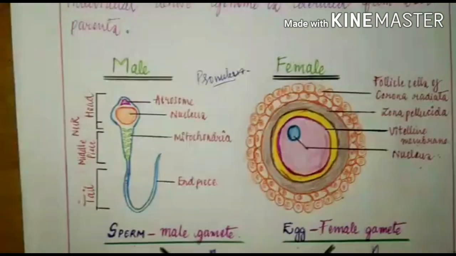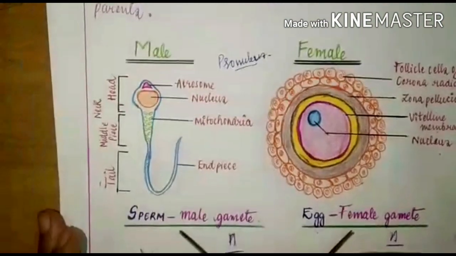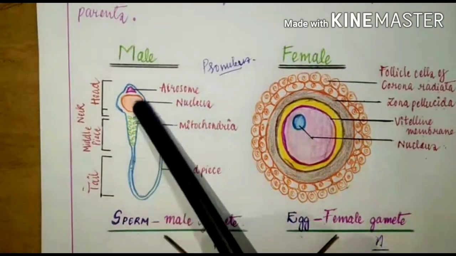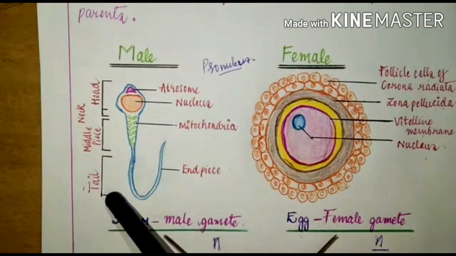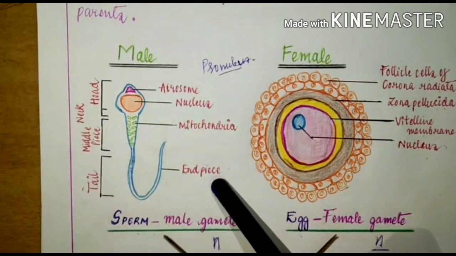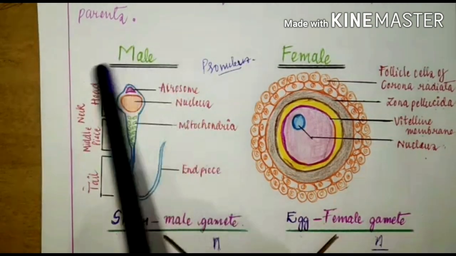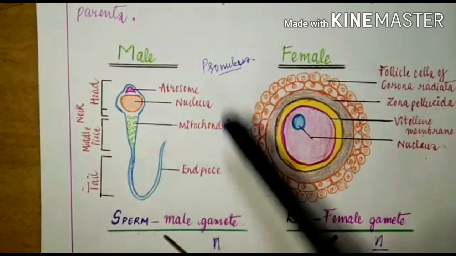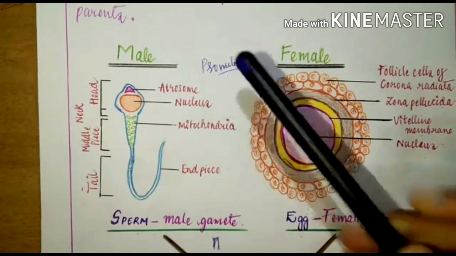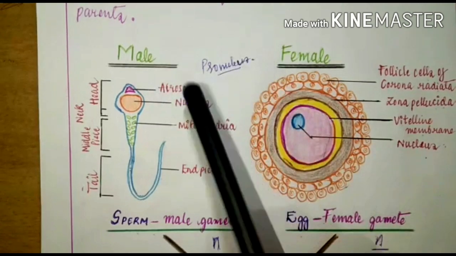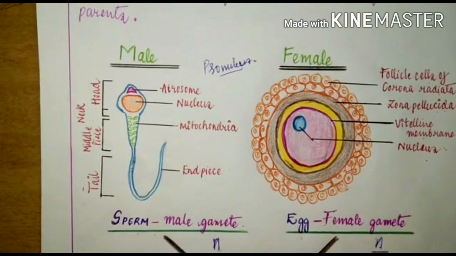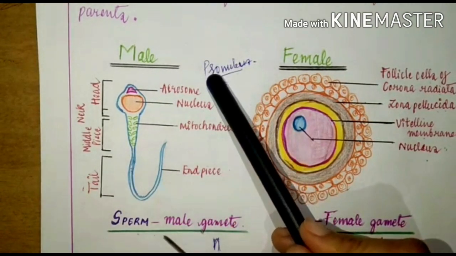Let us see the structure of the male gamete. This male gamete structure is divided into several regions: head, neck, middle piece, tail, and end piece. In the head region of the male gamete we have the acrosome and also the nucleus. The acrosome plays a crucial role during the process of fertilization, so we should know what is acrosome and its function.